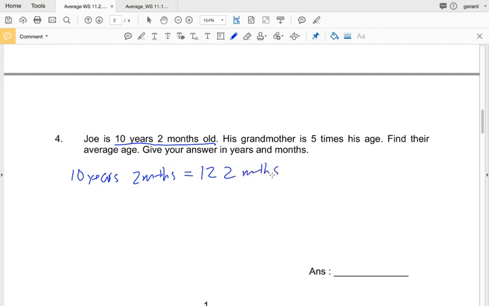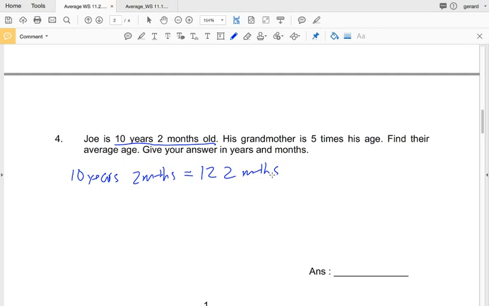His grandmother is 5 times his age. Find their average age. Two ways you can do this. You could draw a model, since there's the word times over there. You could draw Joe as one unit and his grandmother as 5 units. From there you can use your unit method, or you can just find his grandmother's age, since you already know Joe's age.